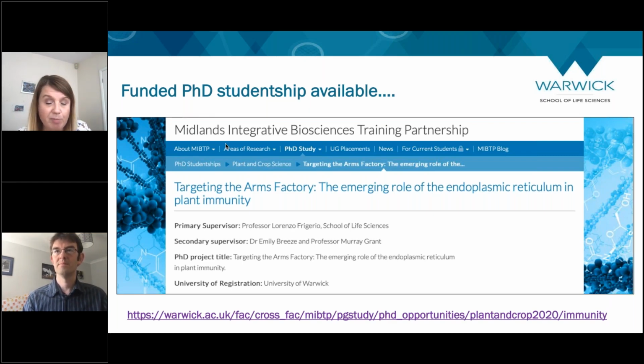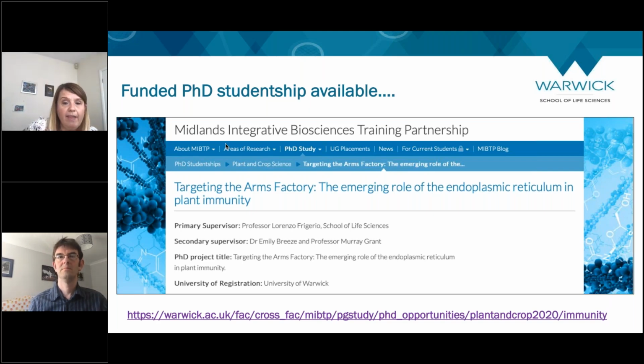The big gap, which I'm surprised nobody's picked up on in my results, is that I really need to look at the ER morphology in the presence of bacteria where the type 3 secretion system has been disabled, and that's what I was about to do when we had to shut the lab. That will at least answer the question of whether it's merely the presence of the bacteria in the cell that's causing these changes in the absence of effectors, or whether it really is the effectors that are causing it. I've got some preliminary data from E. coli, from a fluorescent E.